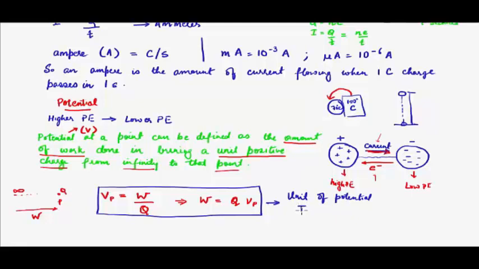So it is joule per coulomb, that is the unit of potential, and this joule per coulomb is given a name that is known as volt, defined by capital V. So this is our unit for electric potential.